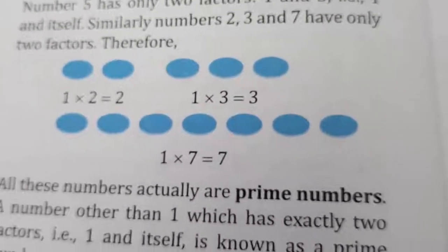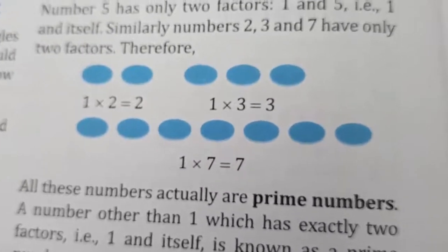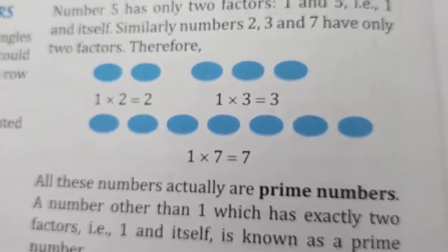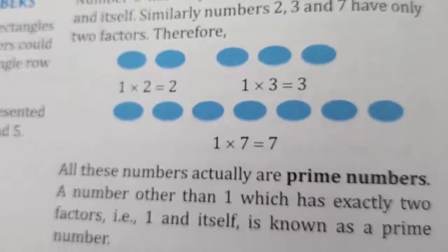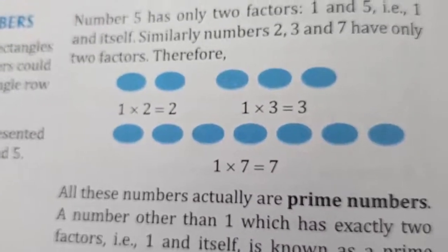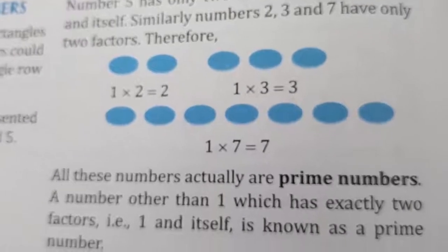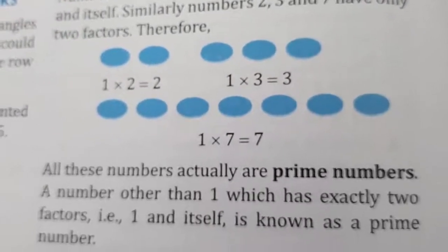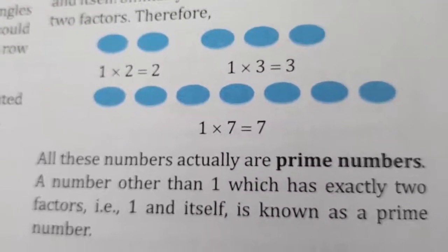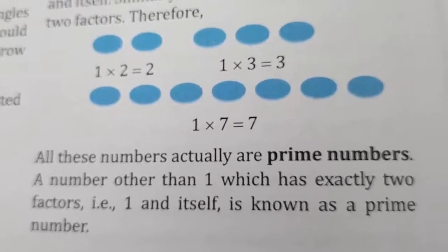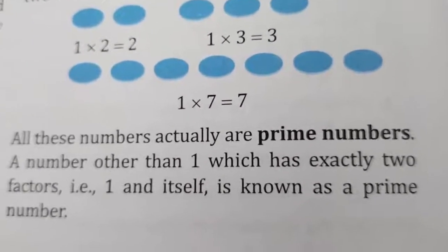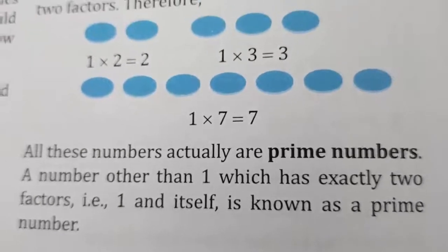Similarly, we observe 2, 3 and 7 have only two factors. Therefore, 1 into 2 is equal to 2, 1 into 3 is equal to 3, 1 into 7 is equal to 7. All these numbers are prime numbers. A number other than 1 which has exactly two factors, 1 and itself, is known as a prime number.